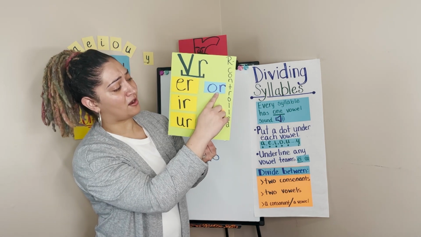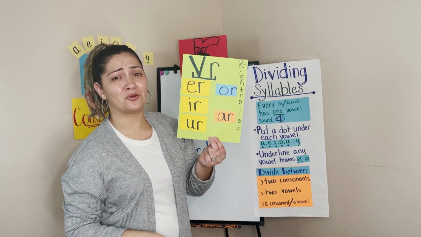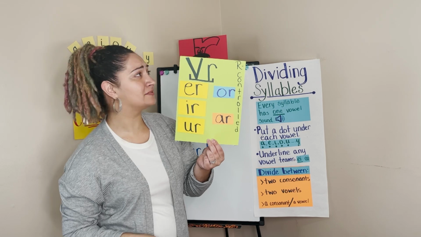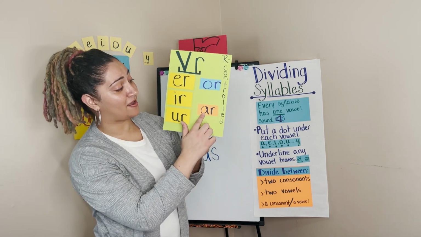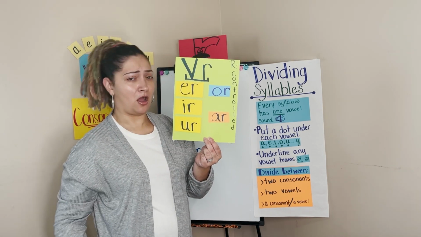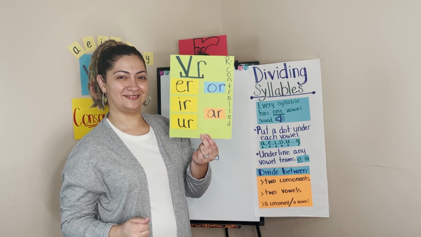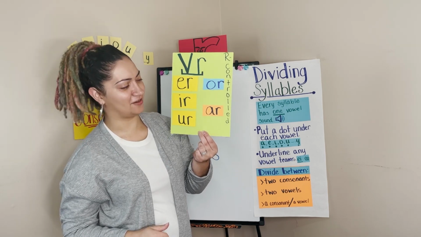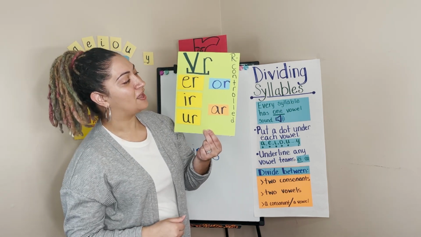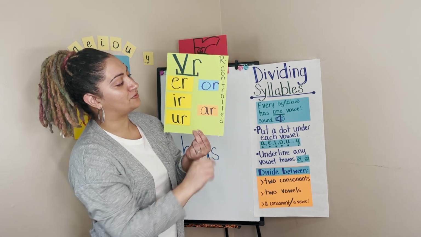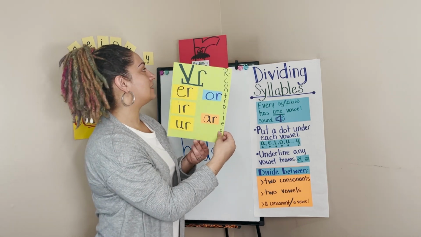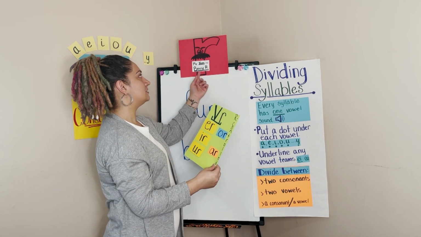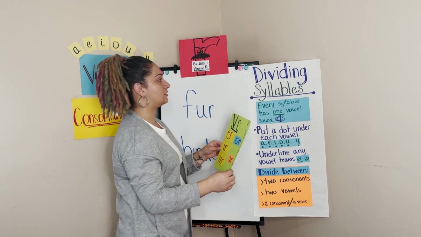If we see OR, it'll be the sound OR. What sound? Yes, and if we see AR, it's going to be the sound R. Yeah, it reminds me of a pirate sound. So these are known as R-controlled vowels, and also is known as Mr. Bossy R.